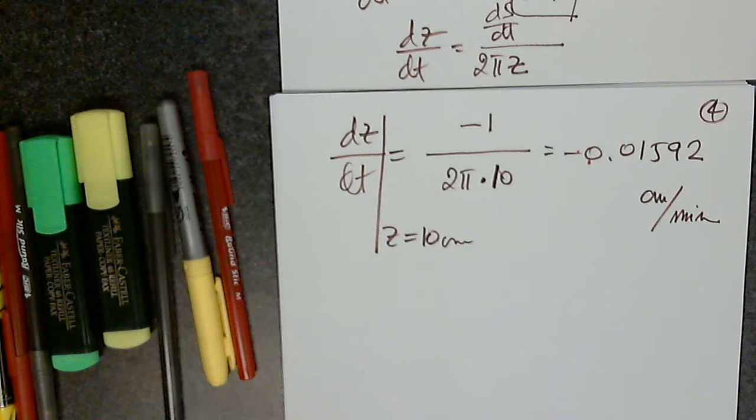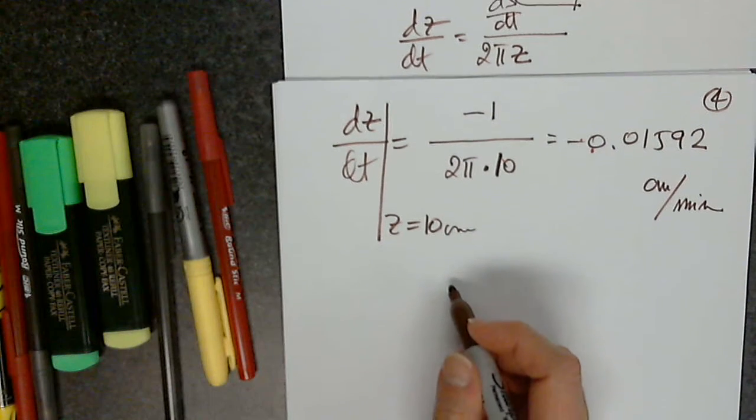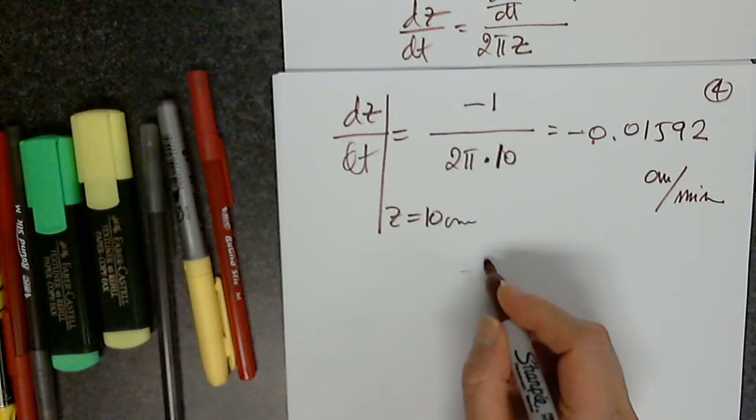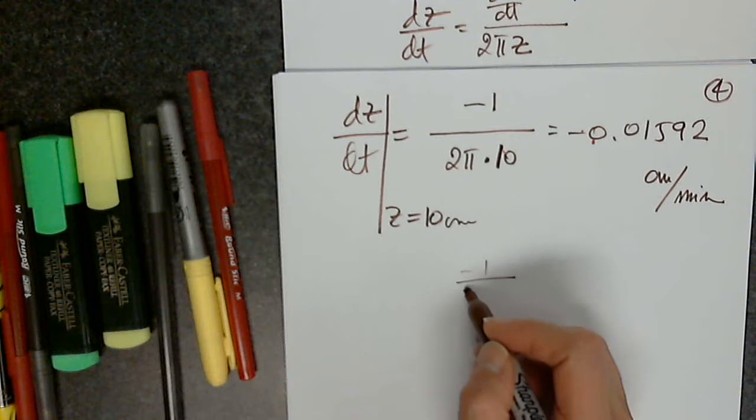Okay, any questions? So I did negative 1 divided by 20 pi, and I got a different answer than what you got there. Let me write down what you wrote. What did I do wrong? Okay, let me see. What did you write? I did negative 1 divided by 20 pi in my calculator.